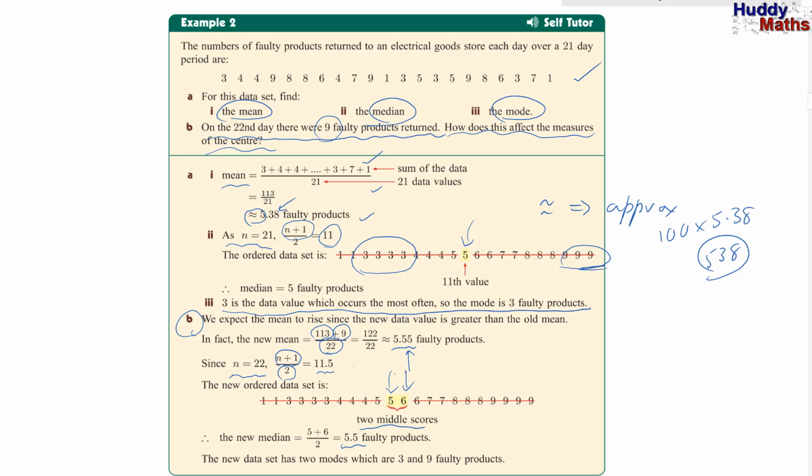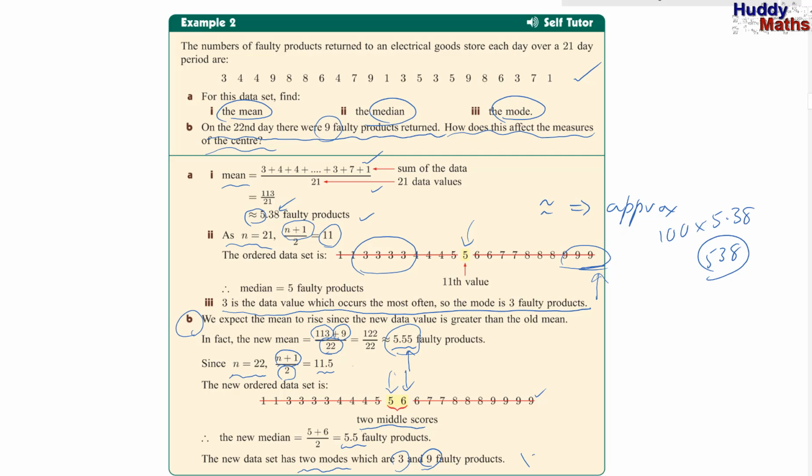So here the new data has 2 modes now. It's got 4 3s and 4 9s. So can you see there that both of them have been affected by that large value put on the end? The mean's been affected a bit more because we added on the score rather than just put it there as an extra score in order.